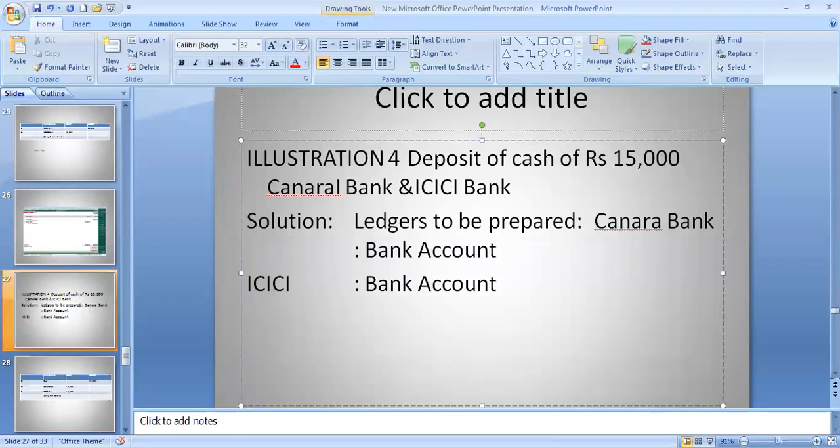Okay. So the cash has been deposited in both the banks.